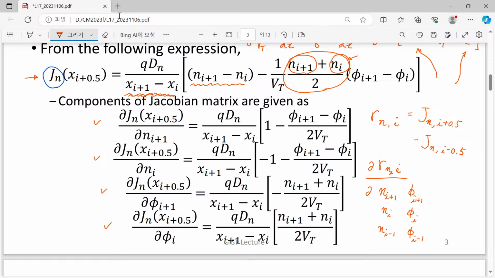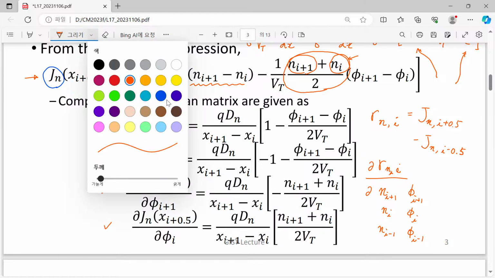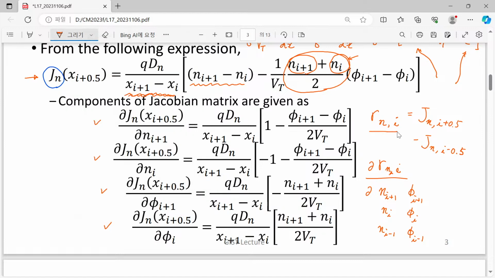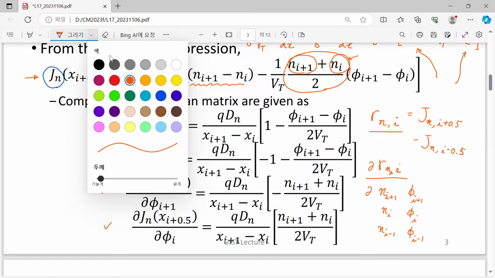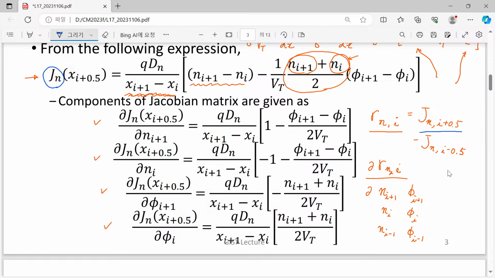Since we understand that this Rn can be written as a linear combination of these Jn, we can relate this quantity to other quantities like Jn at i plus half, which is partially differentiated with respect to these quantities.